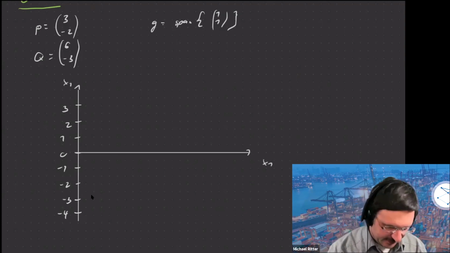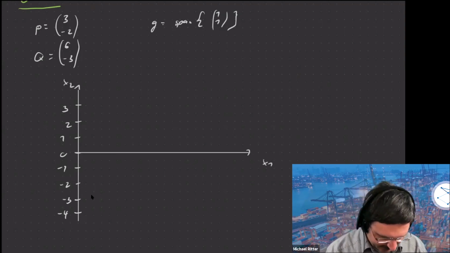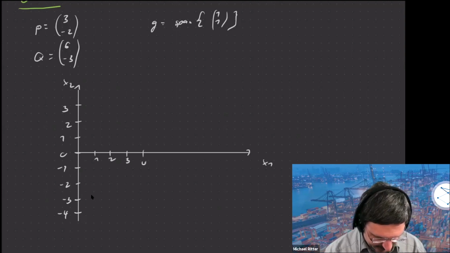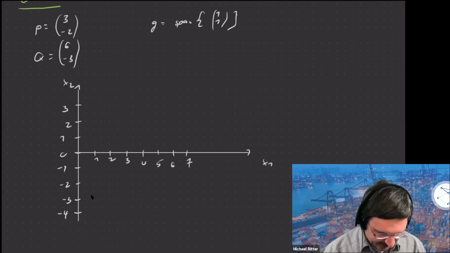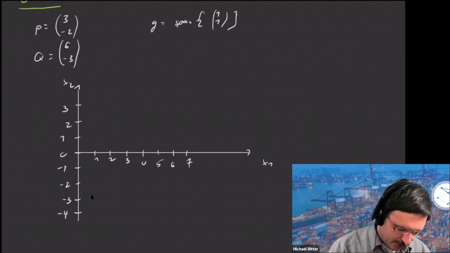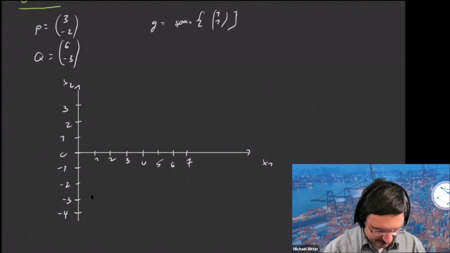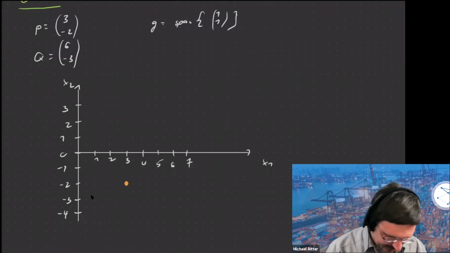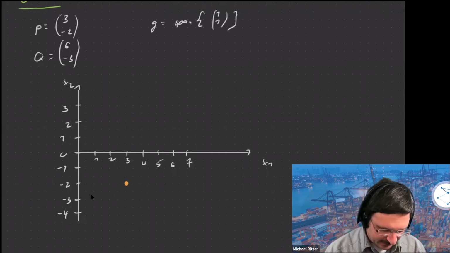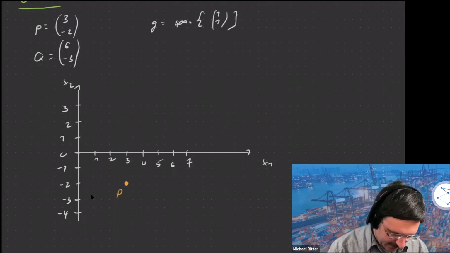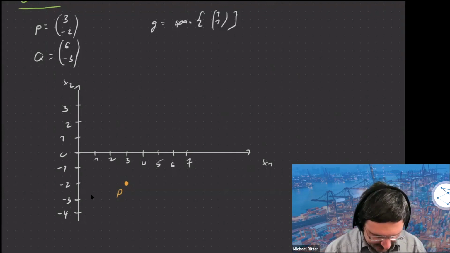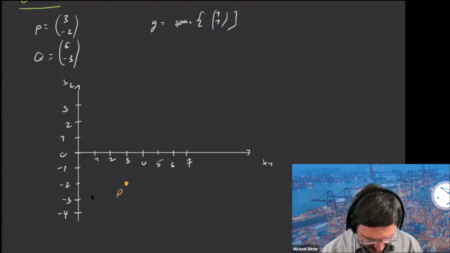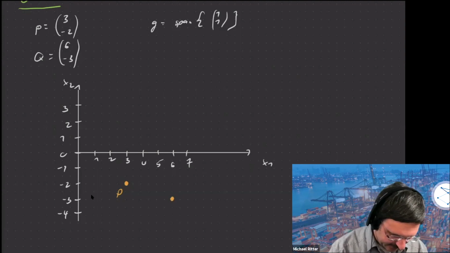This is going to be the x2 axis. And we need that up to 6. So 1, 2, 3, 4, 5, 6. Maybe one more. And let's sketch those two points. P is at (3, -2), so that is here. That's the point P. Q is at (6, -3), so that is here. This here is the point Q.